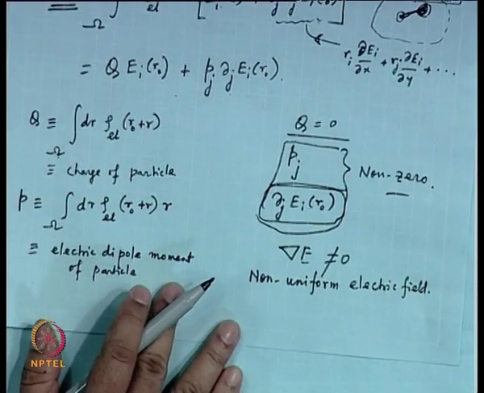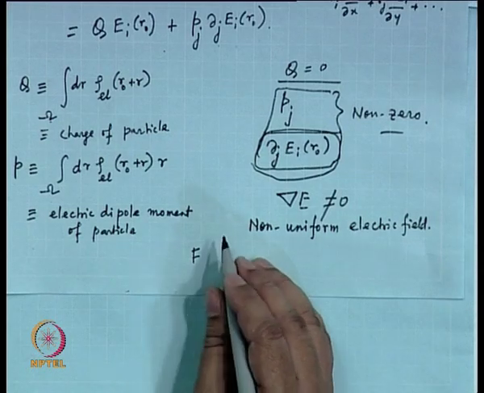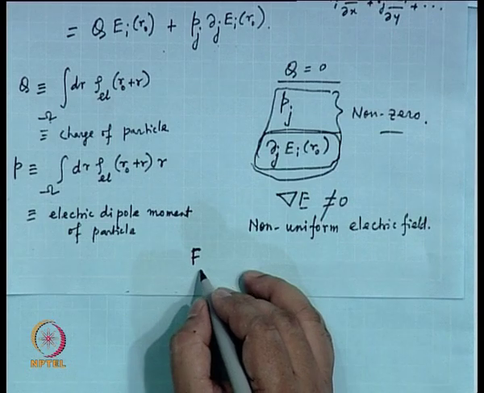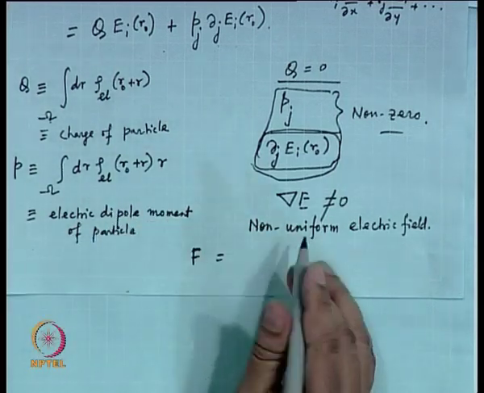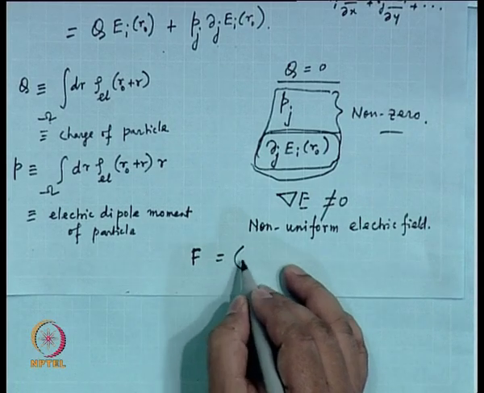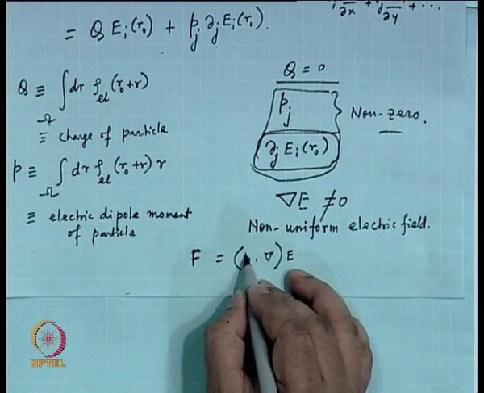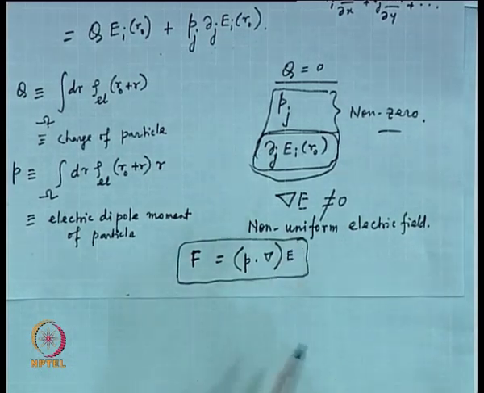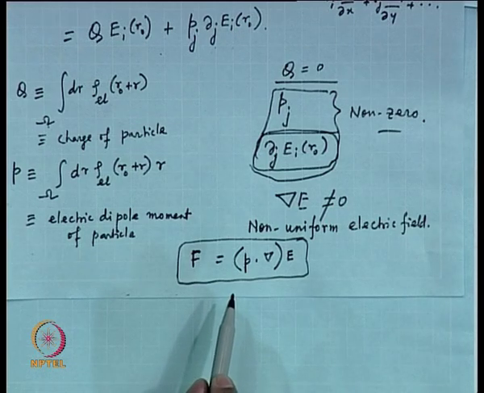Then in that case you would be writing this force, dielectrophoresis, F DEP. We will discuss a different F DEP in a different context, but I can put it this way: it would be P dot del E. This is the definition of the force in this case.